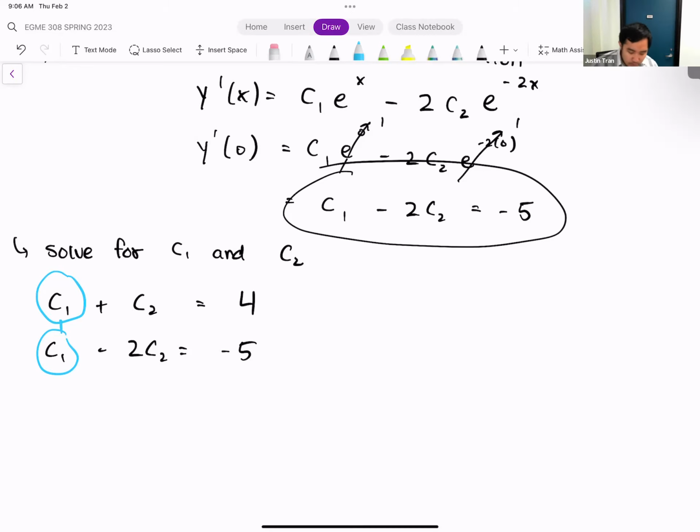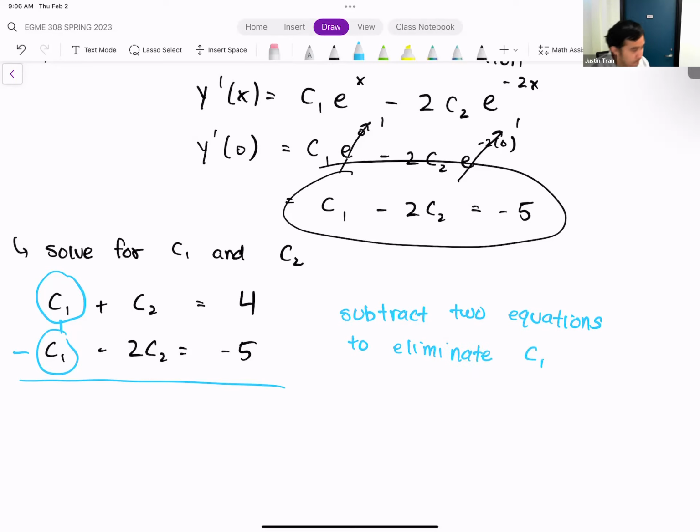And so what this makes me want to do is subtract the two equations. And what that's going to allow us to do is eliminate C1.